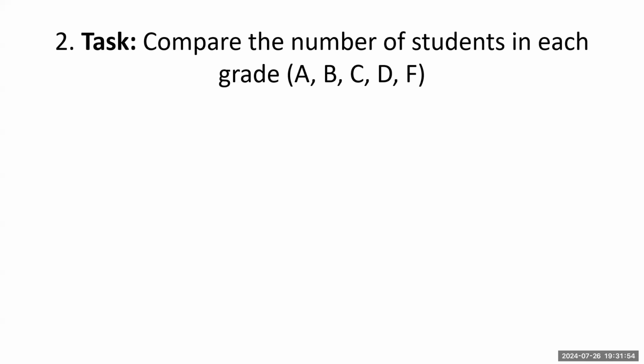What comes to mind? You have categories A, B, C, D, F. Now frequency, what comes to mind? Okay, interesting results coming in from here. That's good. Compare the number of students in each grade. A, B, C, D, F.